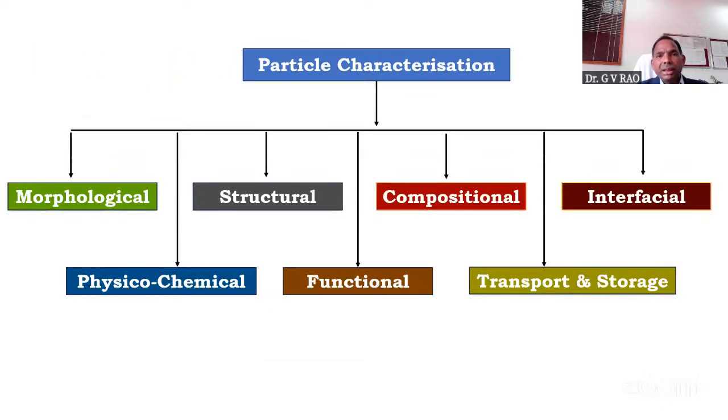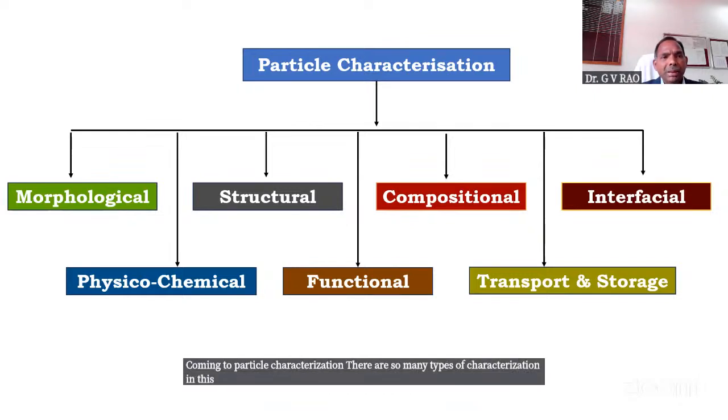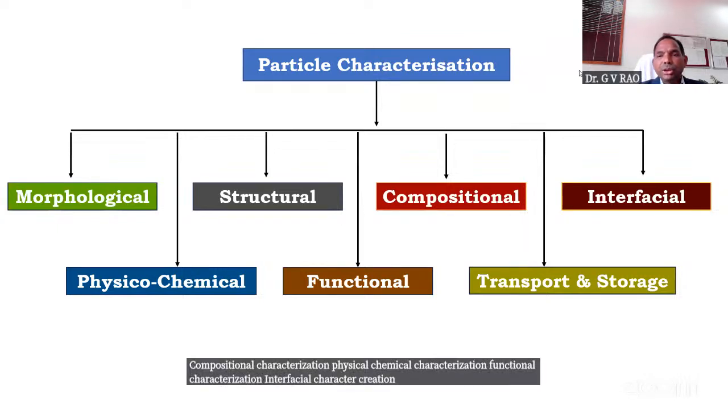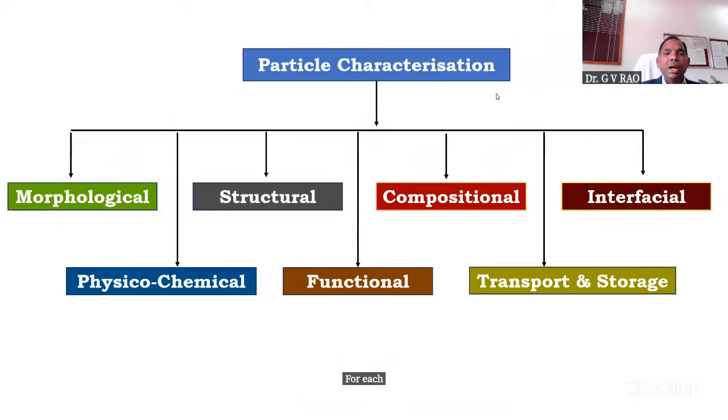Coming to particle characterization, there are so many types: morphological characterization, structural characterization, compositional characterization, physico-chemical characterization, functional characterization, interfacial characterization, and transport and storage characterization. For each and every purpose, we have to characterize the materials.